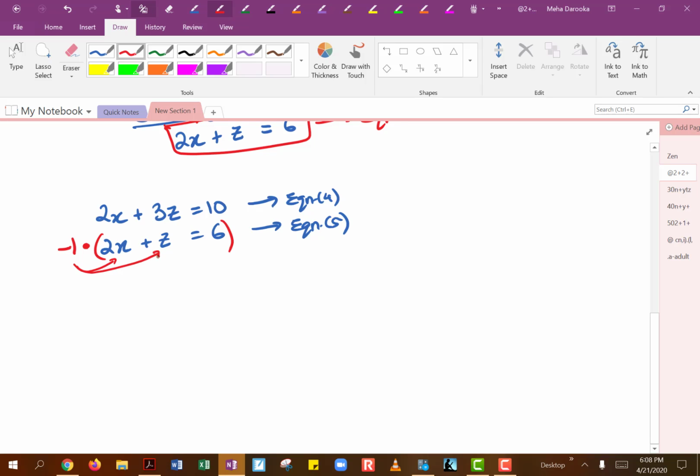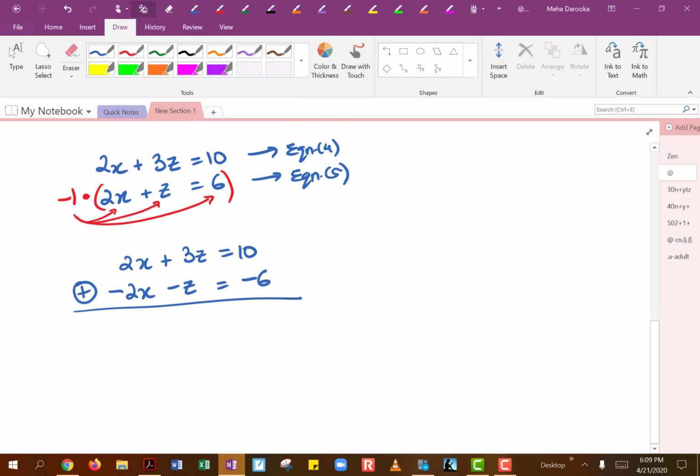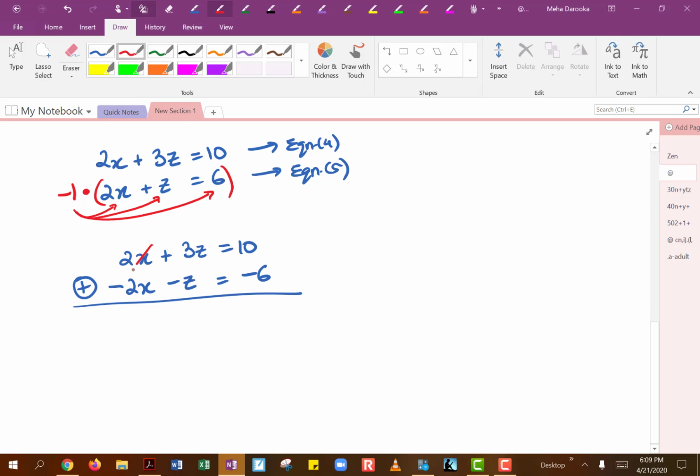Multiply each term of the equation by negative 1. The first equation will stay the same, 2x plus 3z equals 10. Now we will have negative 2x, negative z equals negative 6. When we add these equations together, positive 2x and negative 2x will cancel out, which is what we wanted.